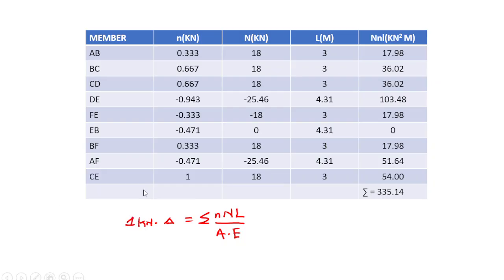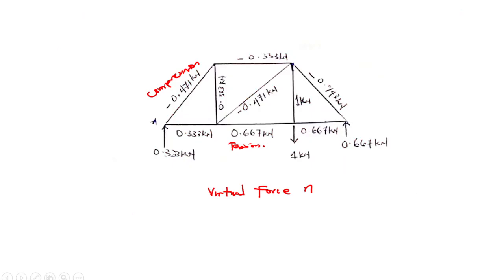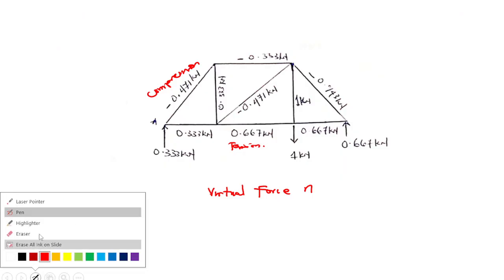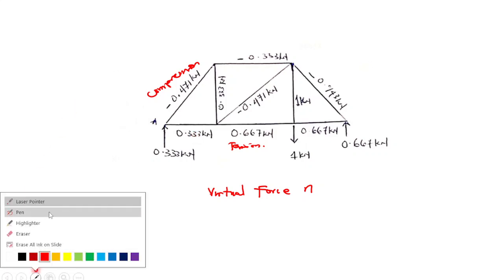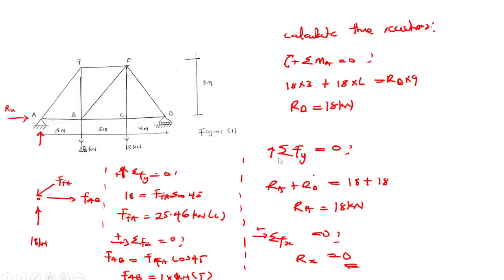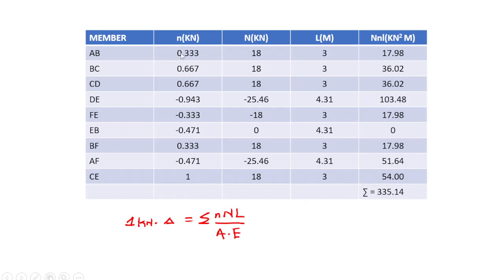For member AB, the virtual force AB is 0.33. If you go over to the real force, AB is 18 kilonewton. So we bring 0.33, 18 kilonewton, and the length between them is 3. You put that down.